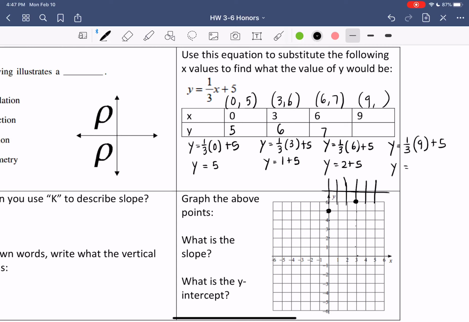But if you just plot the, so that would be over 6, up 7 would be there. And that's probably enough to be able to graph your points. And that will give us a nice little line.